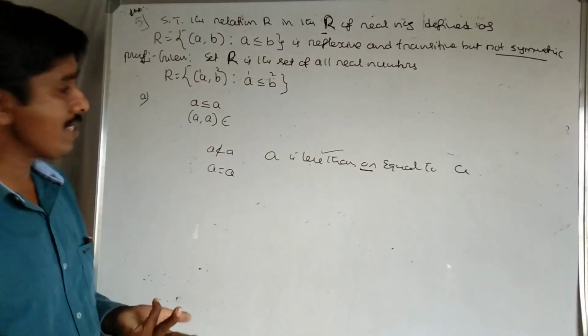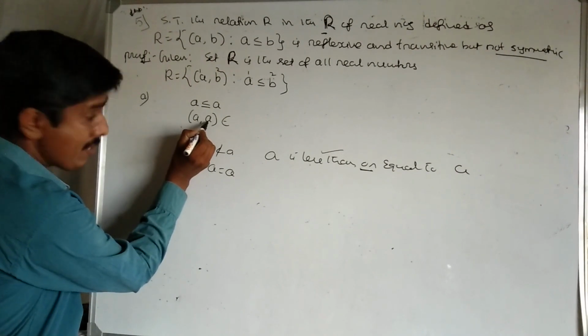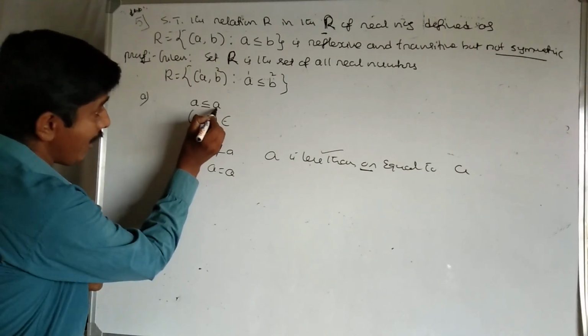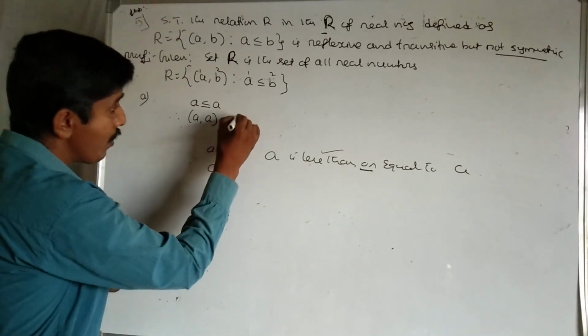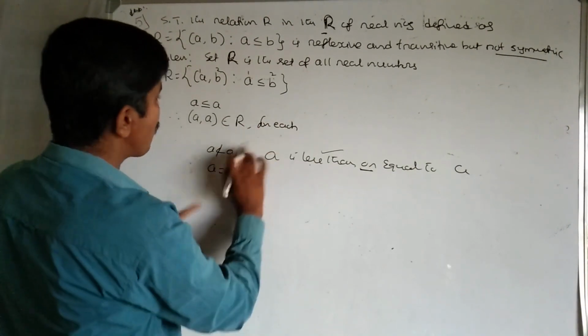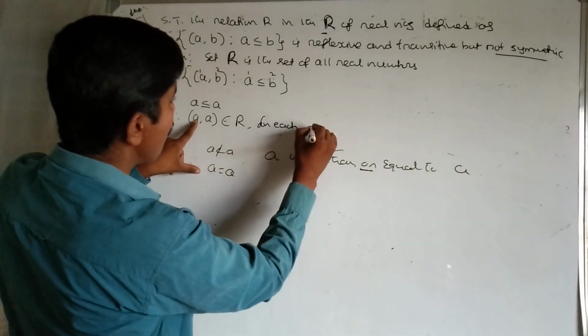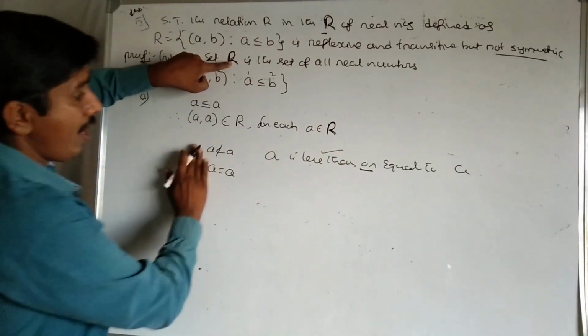Therefore, it is reflexive. Here the first element is less than or equal to the second element, which is also the same: A is less than or equal to A. Therefore, A comma A belongs to the relation. This holds for each element belonging to your set. The set is also R here, not A.